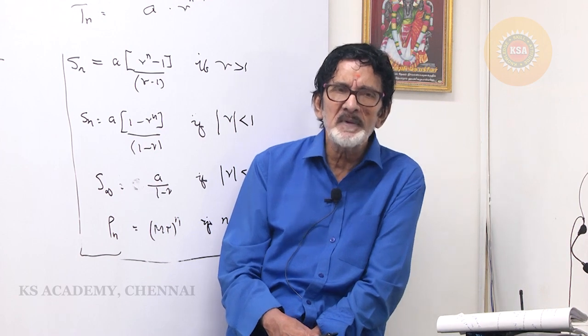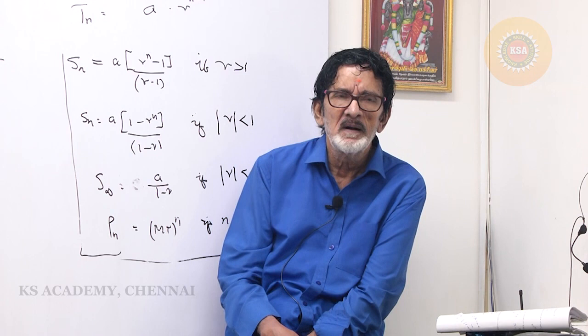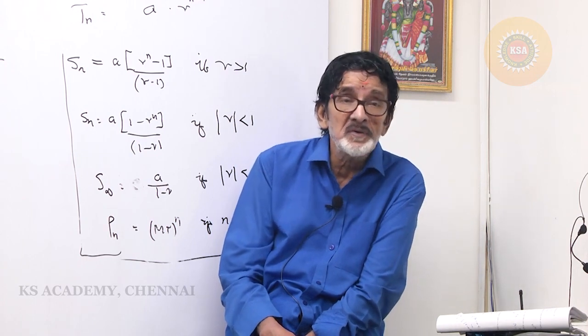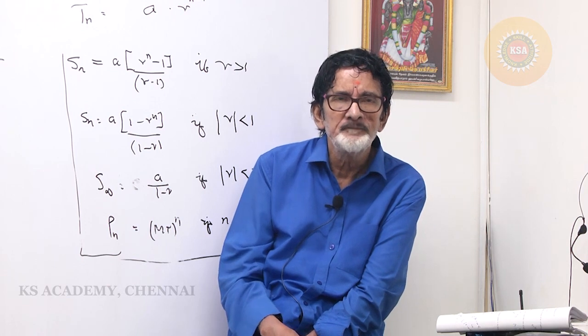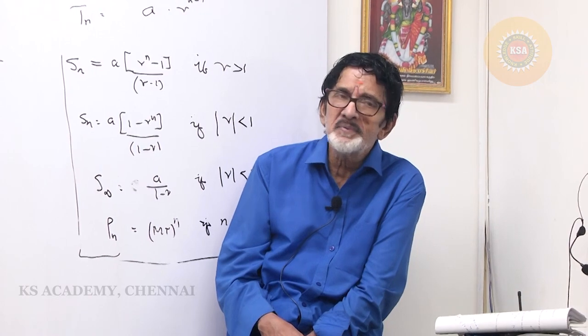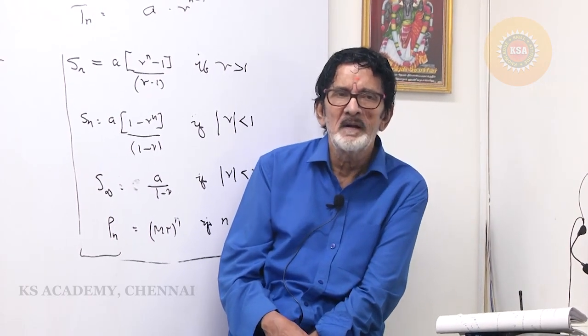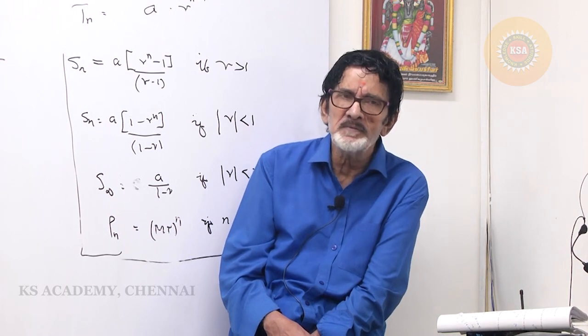First term 7, sir, common ratio 11, sir, S n formula. 0 mark. It is not a GP. The series is not a GP. They didn't mention GP. If you say GP, it is your fault. Keen observation is lacking. If you say GP, you have to prove it.